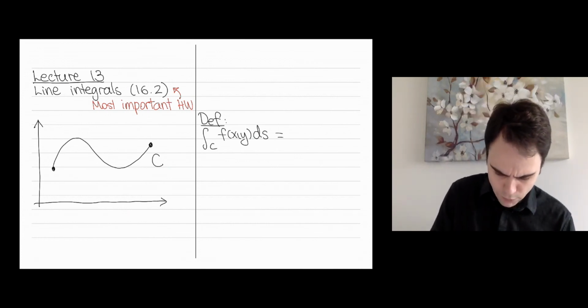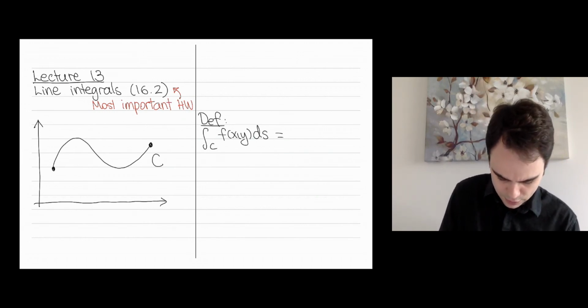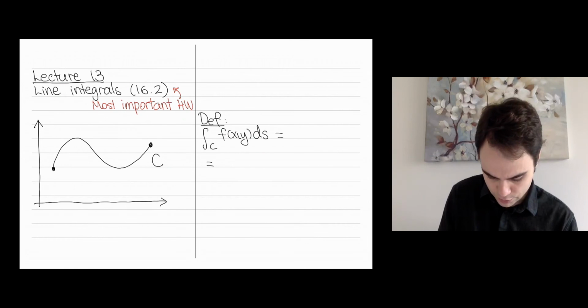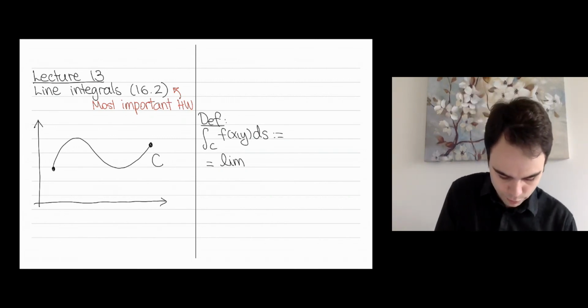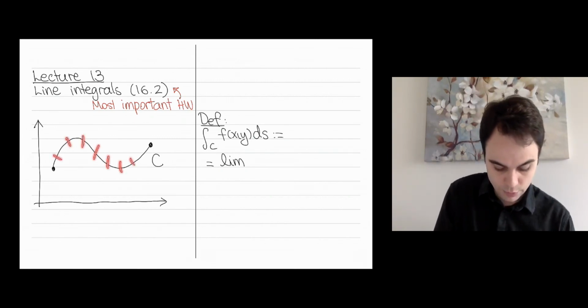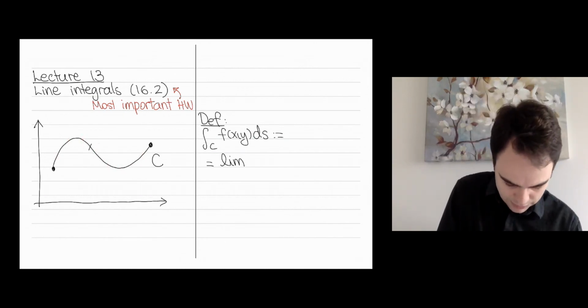So this integral is by definition a limit of Riemann sums. To get a Riemann sum, you have to partition your curve into a bunch of little pieces. Let's say I take two points in the curve.